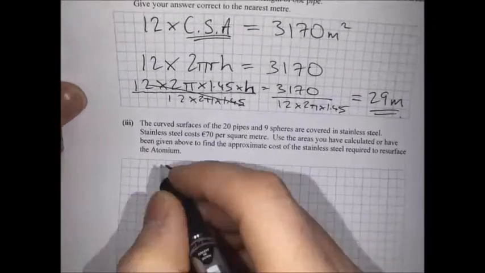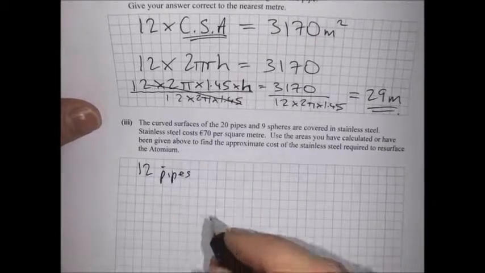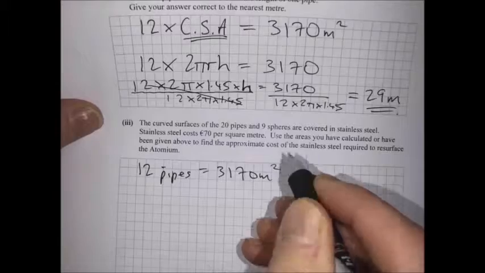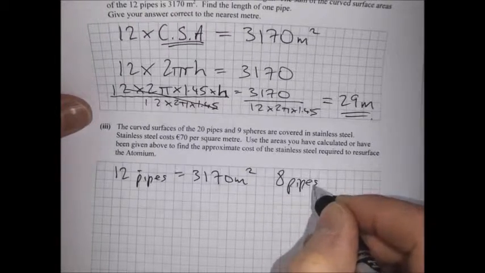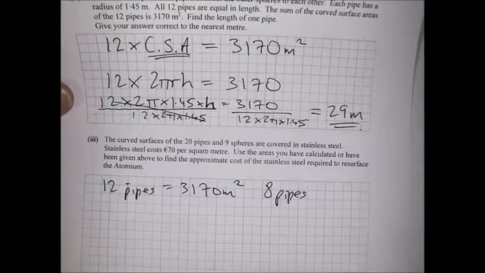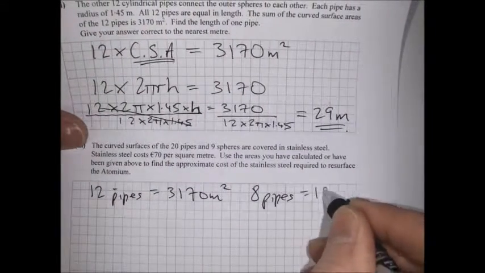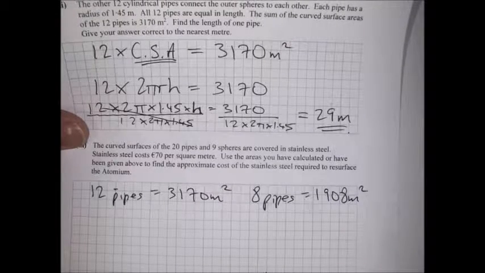So we have 12 pipes of one type, and those 12 pipes have a surface area of 3170 square meters. Then we had 8 other pipes, and we had calculated the sum of the surface areas of those pipes to be 1908 meters squared.